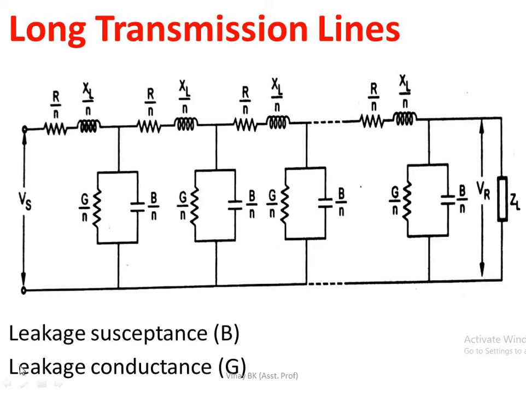So the method used for a long transmission line is a rigorous mathematical treatment, which is required for the solution of such long transmission lines. Before that, just look at the diagram.